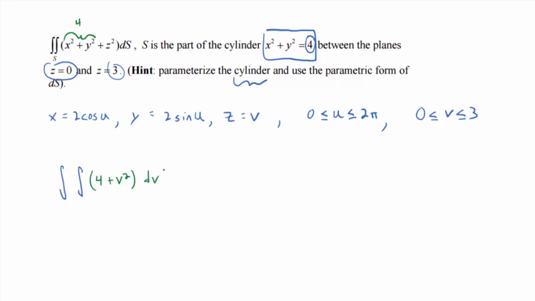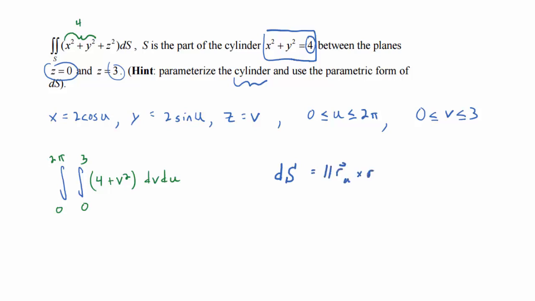And then we could do dv du. What does v run from? 0 to 3. What does u run from? 0 to 2 pi. And then what am I forgetting? Remember, dS is equal to the magnitude of r_u cross r_v, and in this case we're going with dv du for our dA.